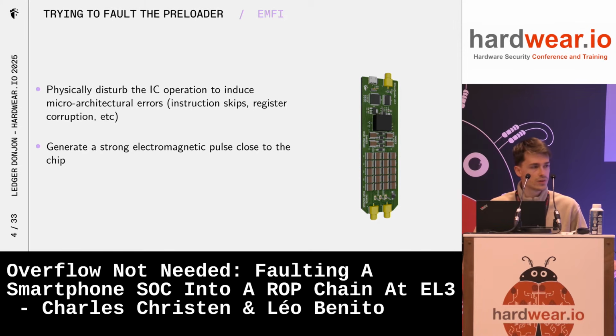It's an open source, open hardware board developed by our team that we use to inject faults using EMFI. We picked that technique because it requires no PCB modification. You can just grab the phone, open it, and place the probe over the chip.